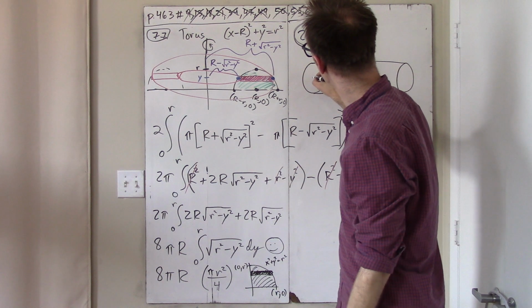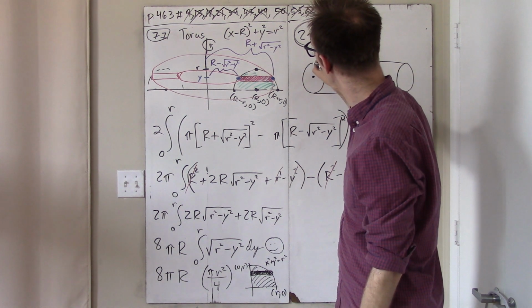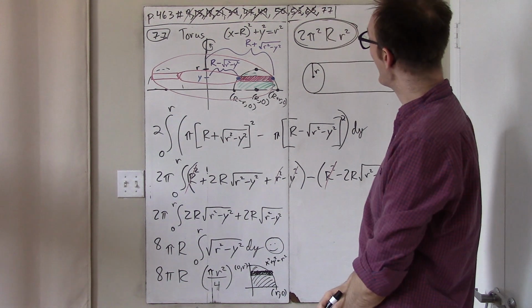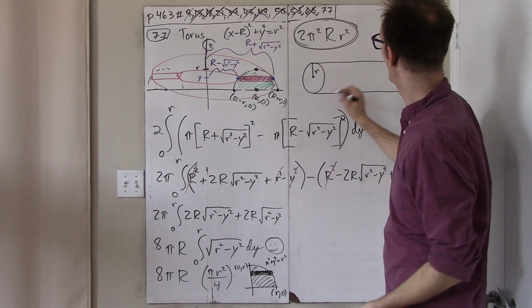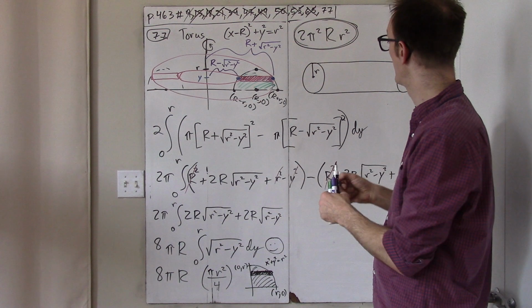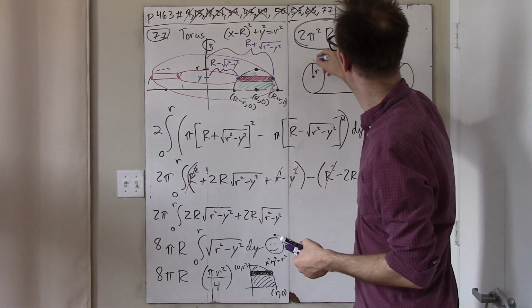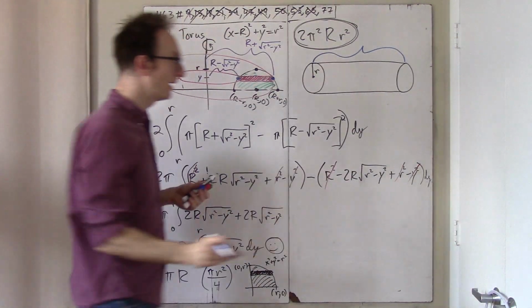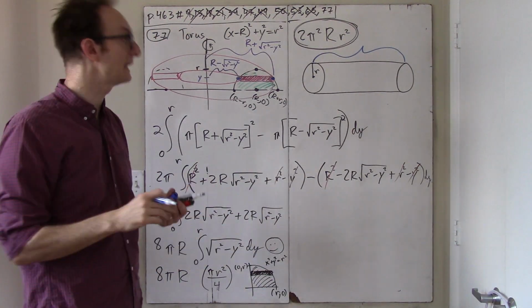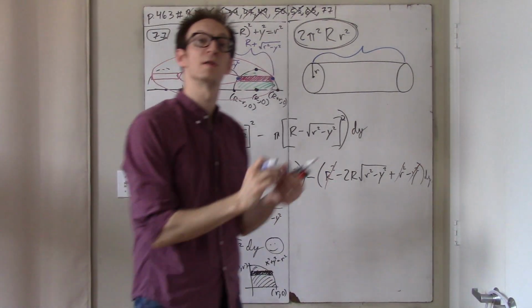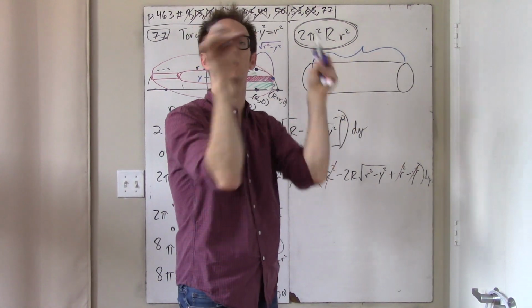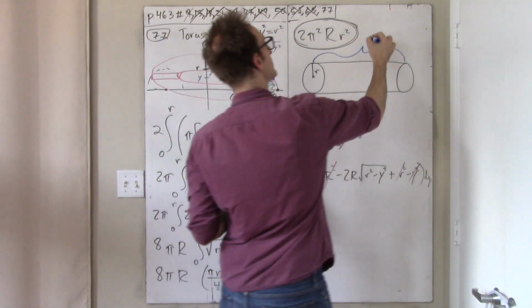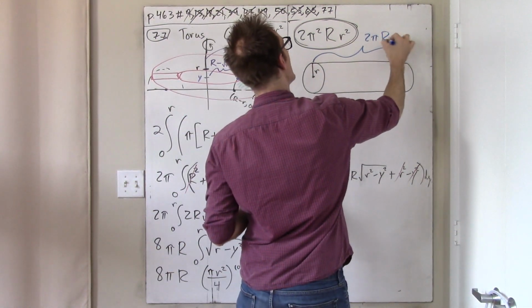In other words, you start with a cylinder with a radius little r, and of course then what will the length of this cylinder be in terms of the overall radius of the bagel that will result? Well, it's just going to be the circumference. So this is going to be just 2 pi big R.